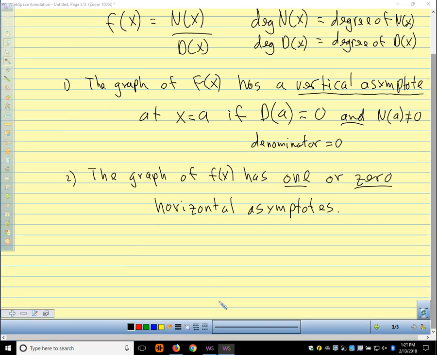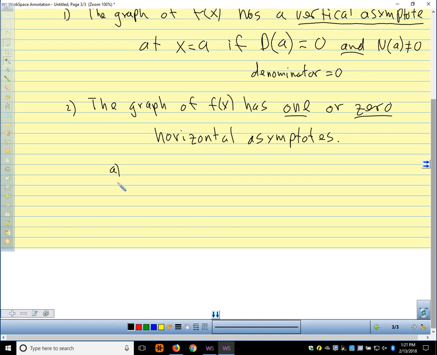The way we find those is we compare the degrees of the numerator and denominator.